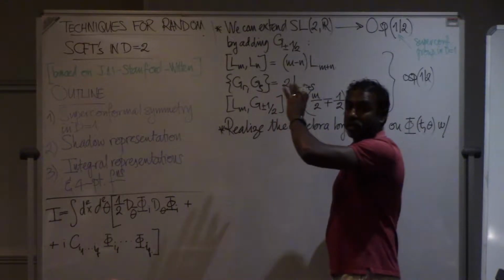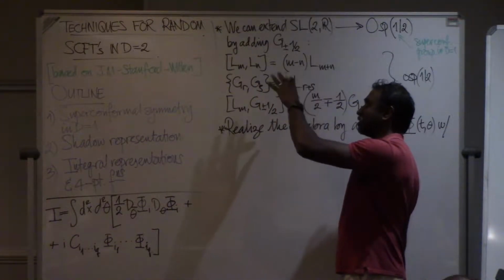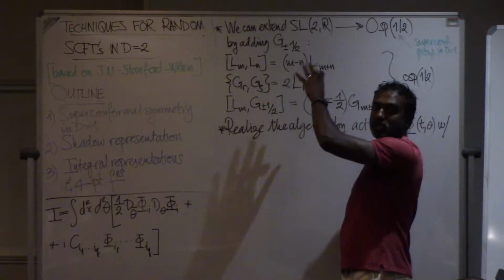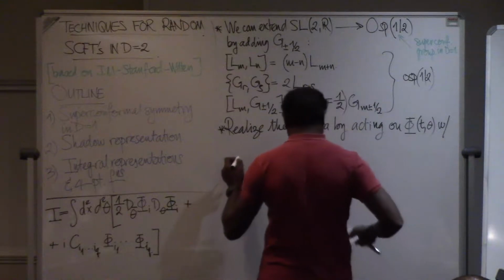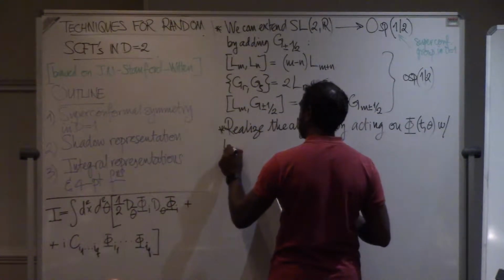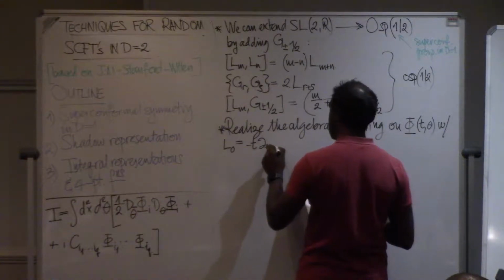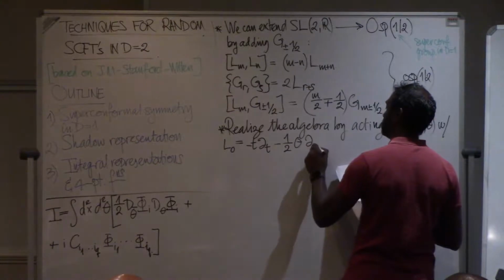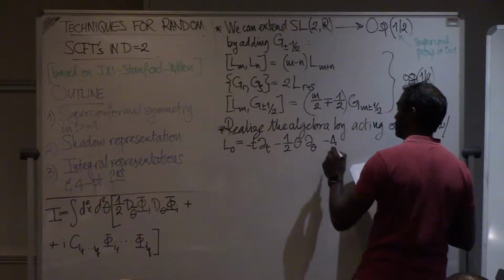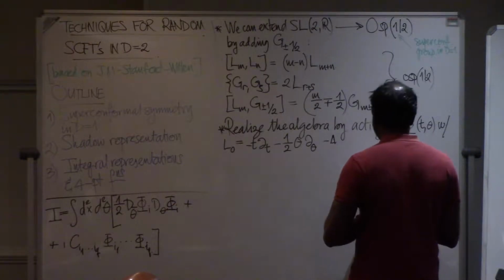So this is now a differential operator representation of these generators that will generate the same algebra. Okay. So L naught is minus t d by dt minus 1/2 theta d by d theta minus delta, where delta is the conformal dimension of phi.